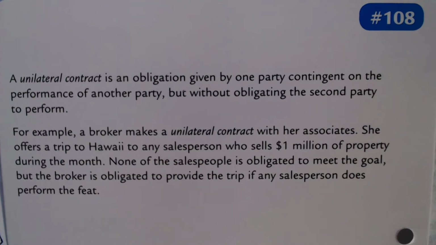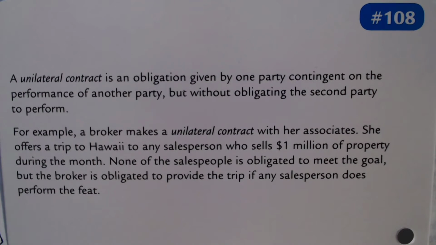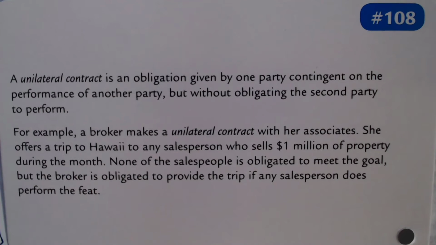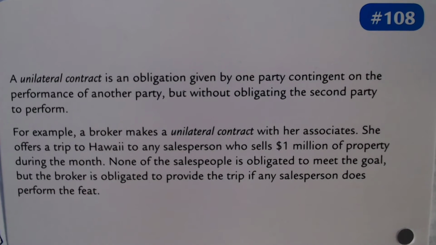An example is a broker makes a unilateral contract with her associates. She offers a trip to Hawaii for any salesperson who sells $1 million of property during the month. None of the salespeople are obligated to meet the goal, but the broker is obligated to provide the trip if any salesperson does perform this feat.